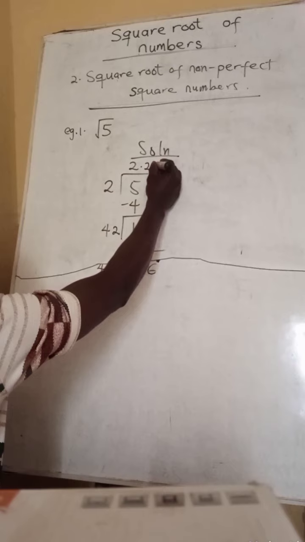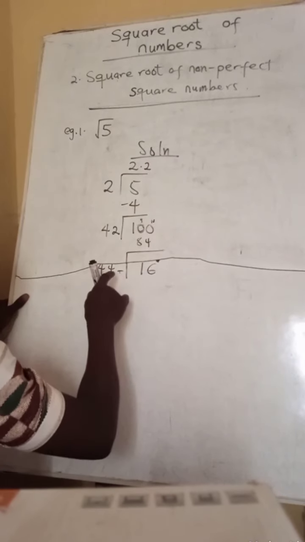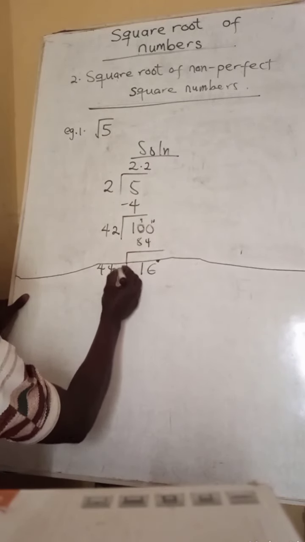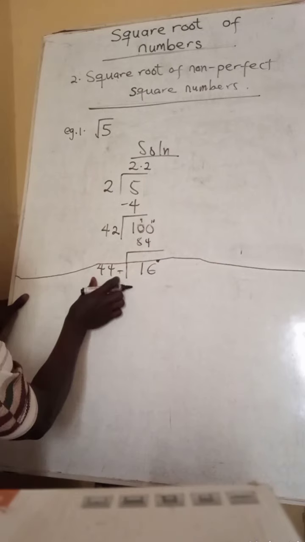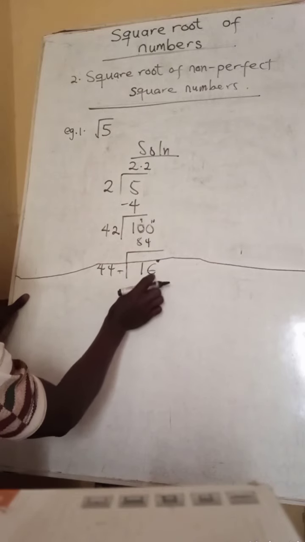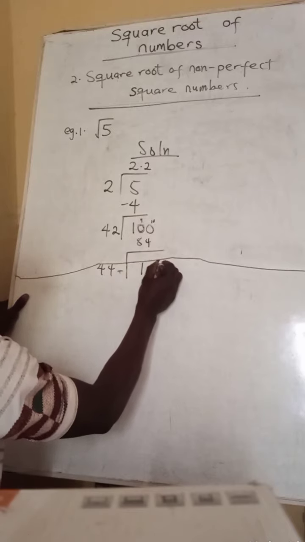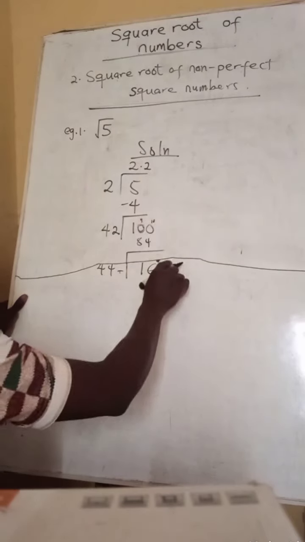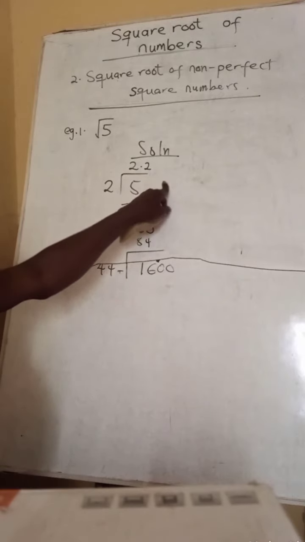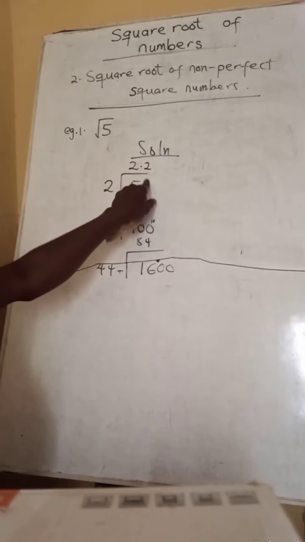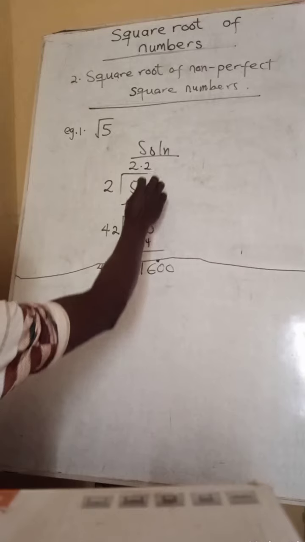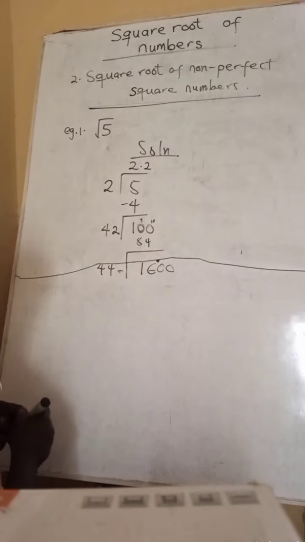That same number will be put up there, such that if you multiply that same number by that new number, it is always going to be closer or equal to this number. And note also to be adding 2 zeros always, when all the figures under the root sign have been taken care of.